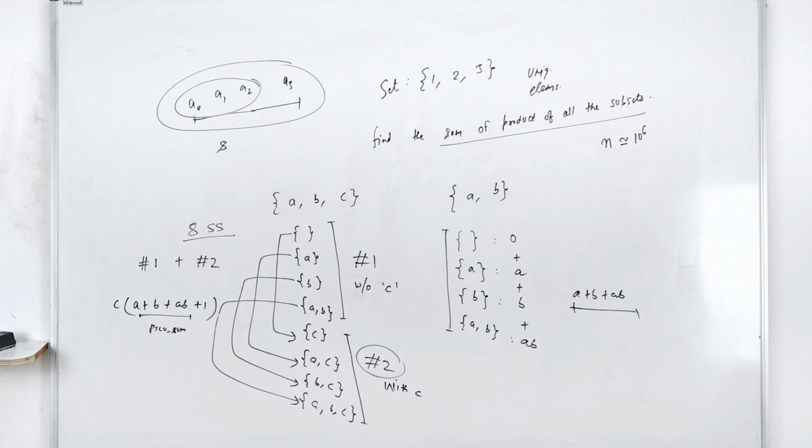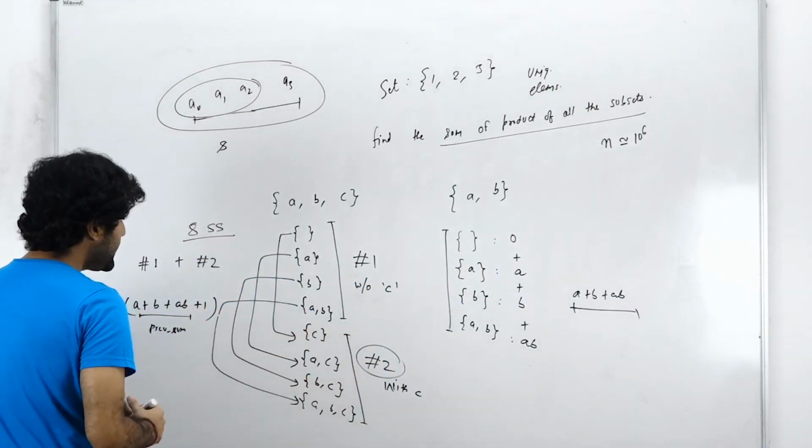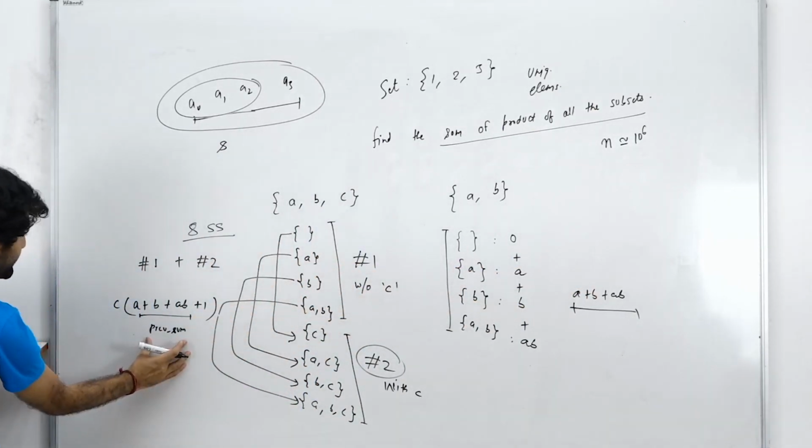Now this is the contribution of category 2, and category 1 I already know. Category 1 is nothing but this previous sum itself.